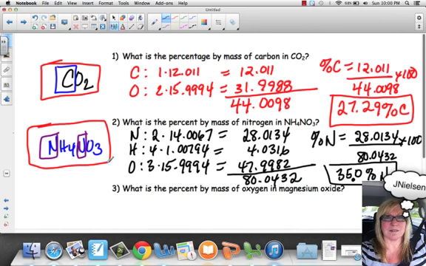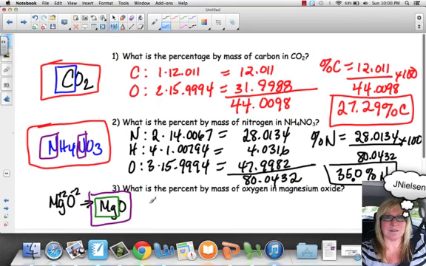Last problem. What is the percent by mass of oxygen in magnesium oxide? Well, Mg is +2 and O is -2, so it's simply MgO. So this is my part and this is my whole.